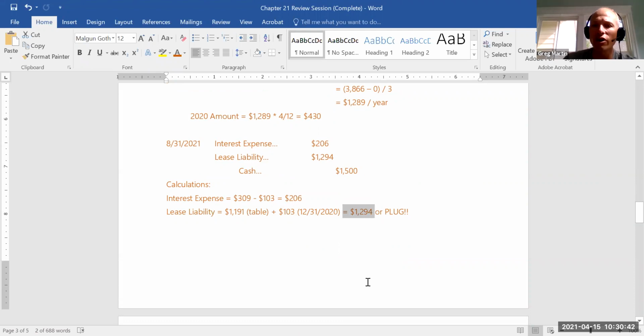That is the most difficult concept to understand when it comes to amortizing lease liability: when you add that 103, you have to take that 103 back off whenever you actually have the payment. I hope that helped, but I know it's a tough concept.